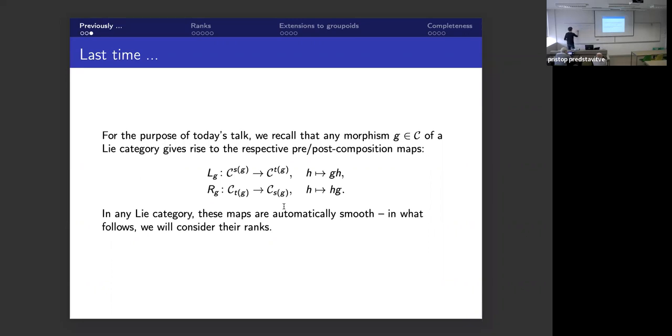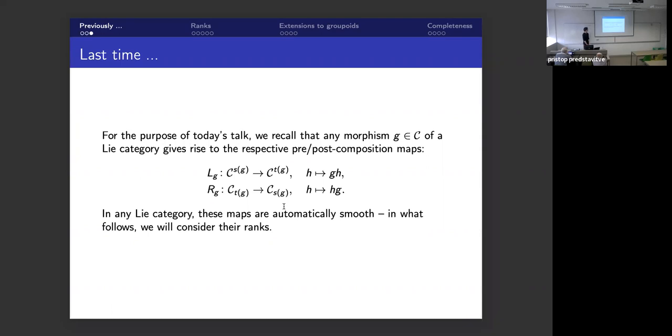So C with an index above X is just the target fiber at X. Of course, X is here an object of our category, and the index below is going to mean the source fiber at X. And of course, if we take a look at a certain arrow of our category, we can only precompose this arrow with certain arrows that have target equal to the source of this arrow, because otherwise there's really no hope of composing the two.